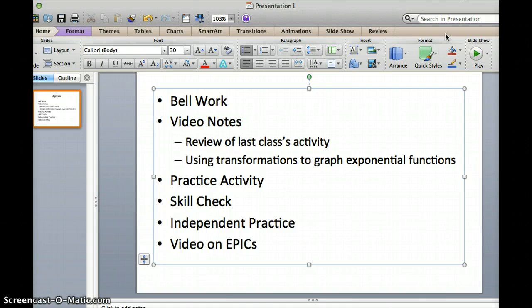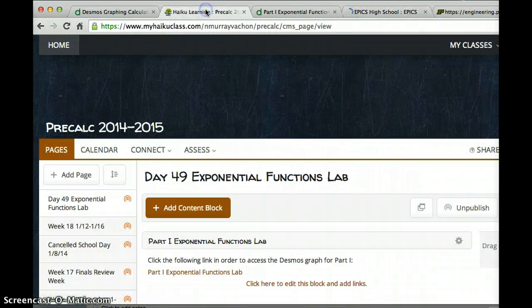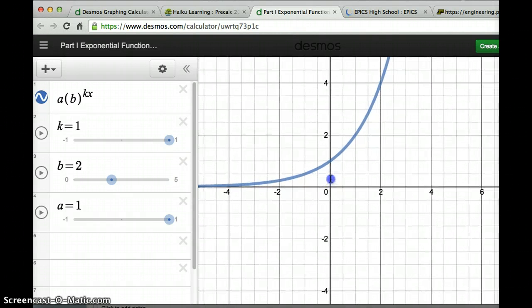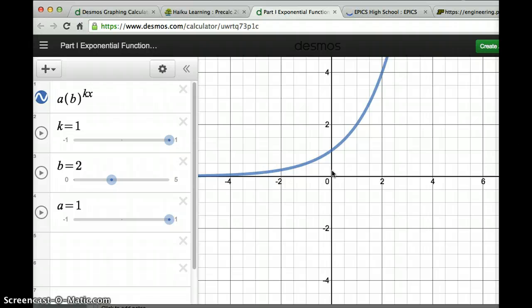But first I do want to go over the things you should have discovered using Desmos on Thursday and Friday. If we look at this graph right here, we have the graph of b to the x, right?